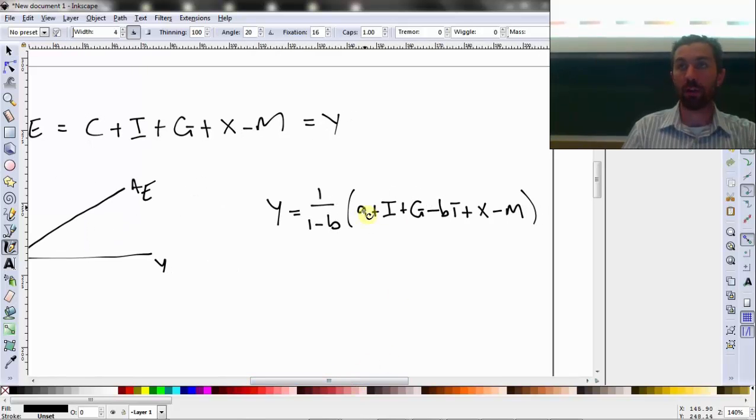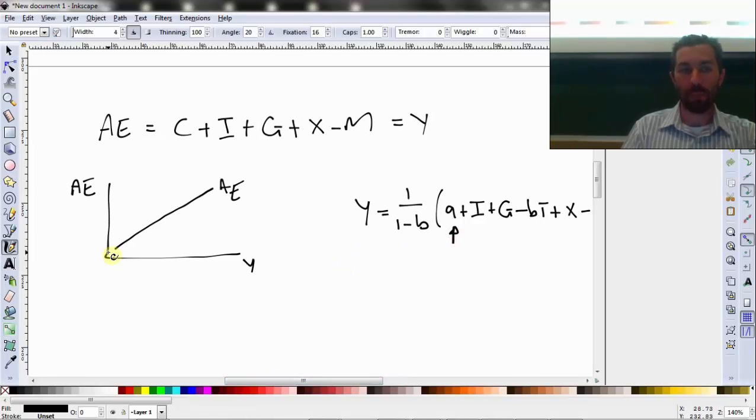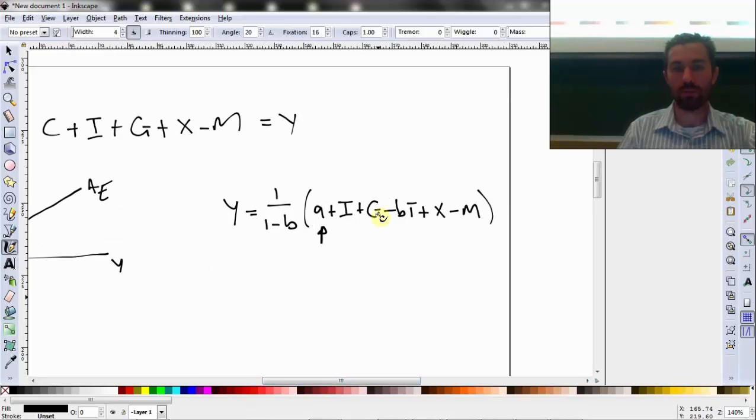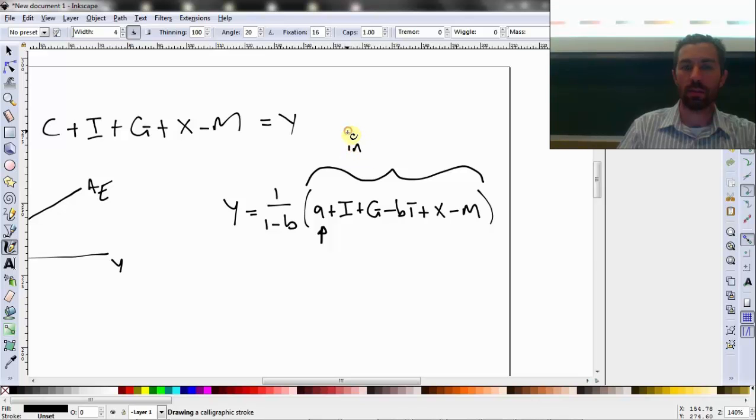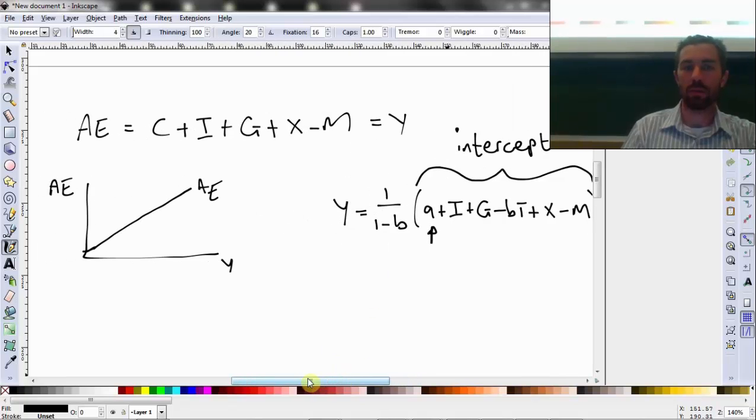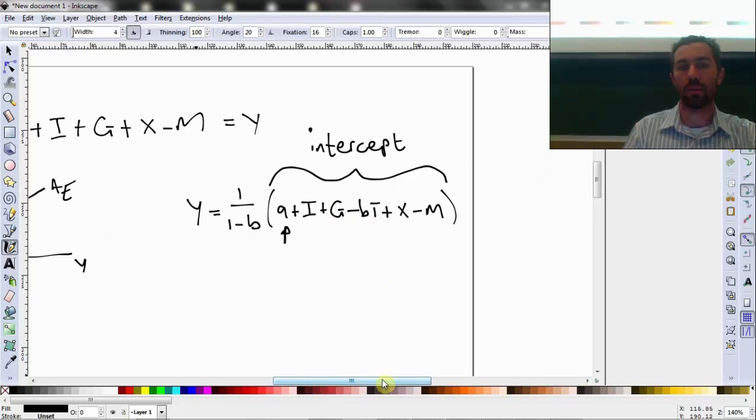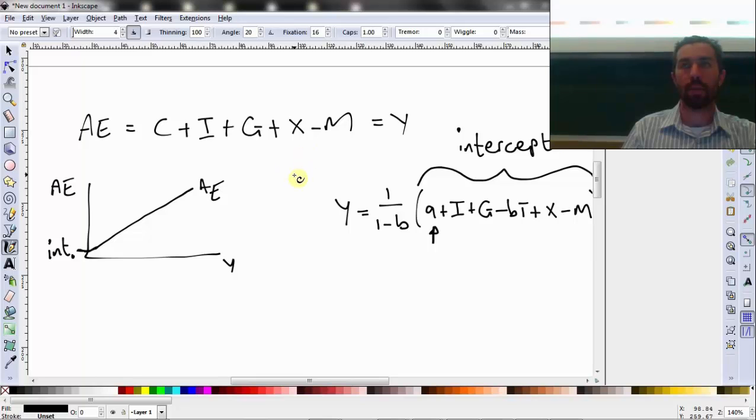So if I increase A, what would happen? So let me just remember, this entire term here is my intercept. Right? Okay, in other words, this value here is my intercept. Okay? Are you happy with that?